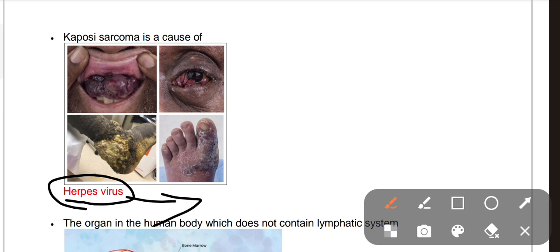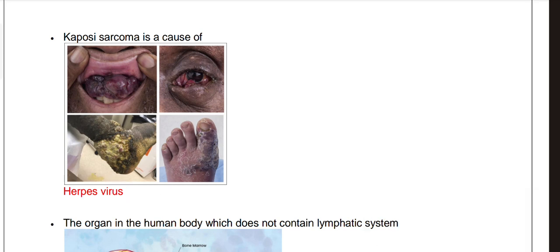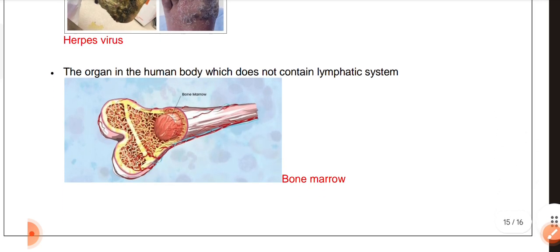It is transmitted through sexual contact or close contact. The herpes virus can be transmitted through vaginal secretions and skin to skin contact. Due to this virus, the person will get Kaposi sarcoma. It is a kind of cancer.